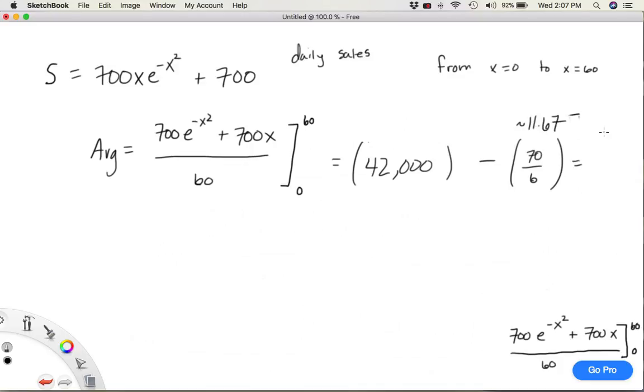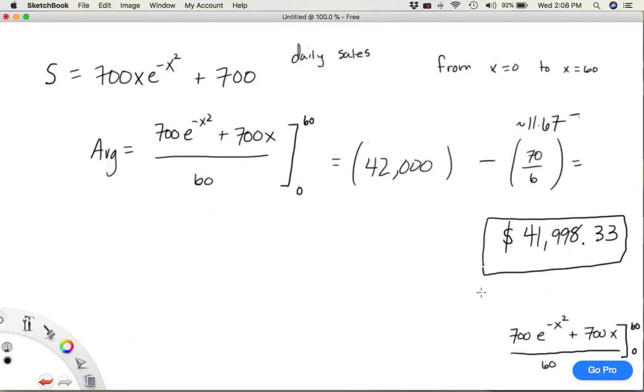And then you subtract the two, 42,000 minus 11.67 should be 41,988 and 33 cents. Since this is the average sales, it's going to be dollars. So I just rounded it off to the nearest cent. And that should be the answer.